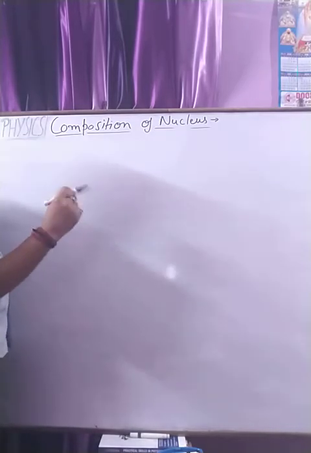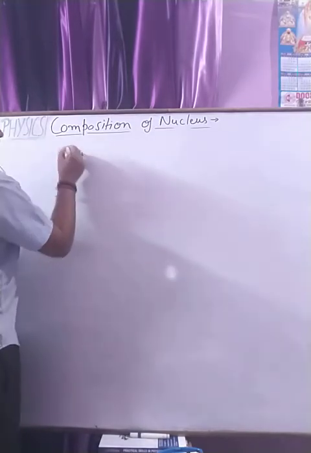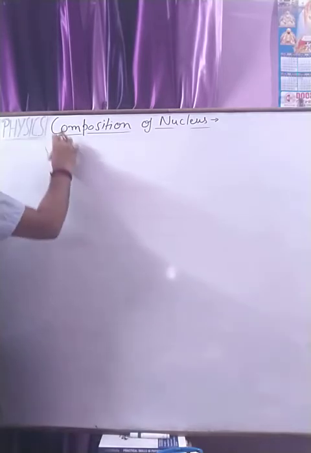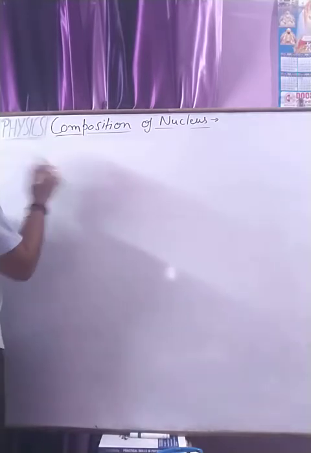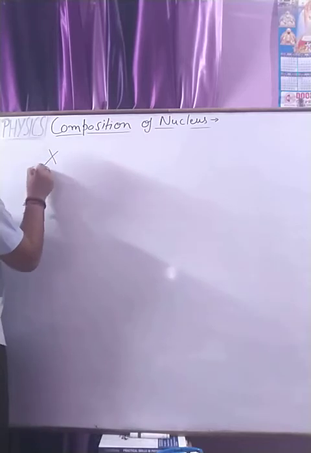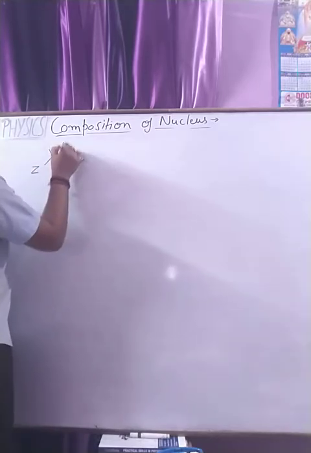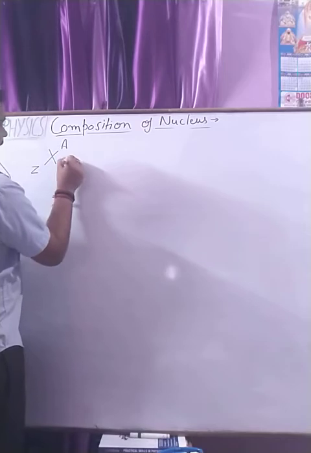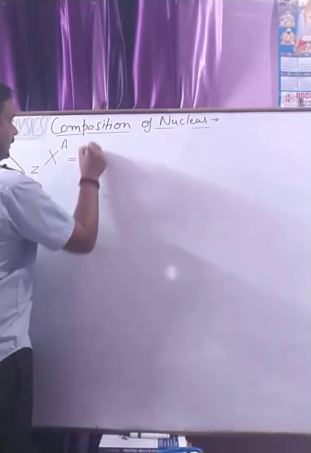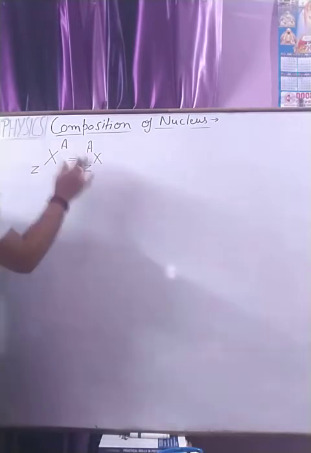So when we represent any element, it can be represented as X with Z and A, like this, or the other way. इस तरह से भी हम इसको रिप्रेजेंट कर सकते हैं.